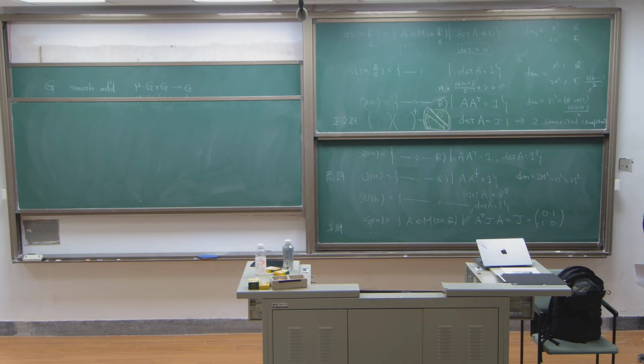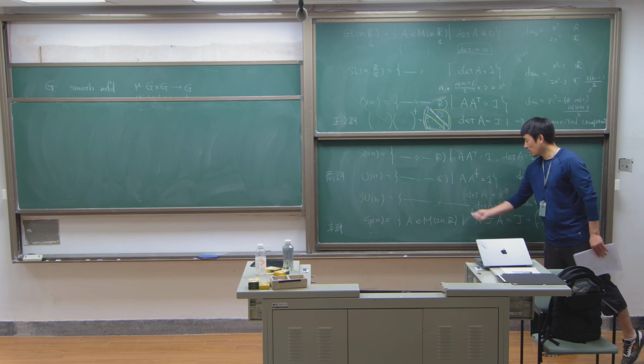And then what is the dimension of SU(N)? U(N) is n squared, so what is SU(N)? For SU(N), you just add the condition that the determinant is equal to 1.